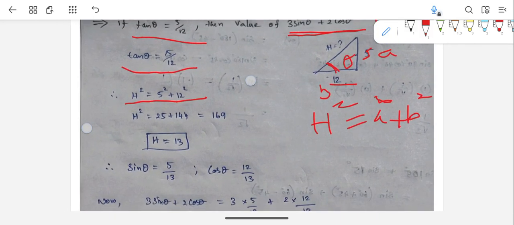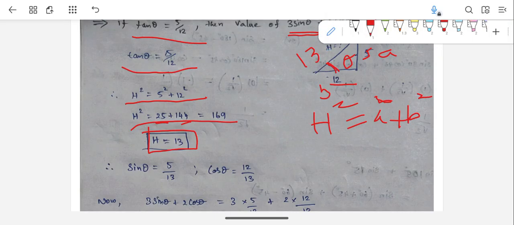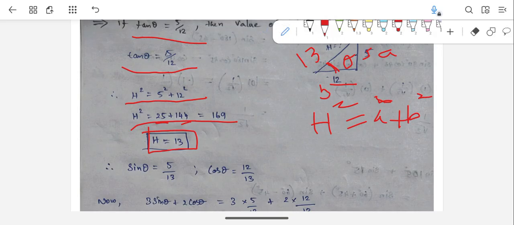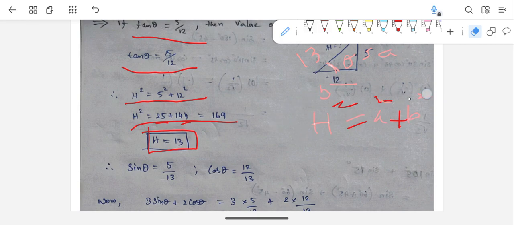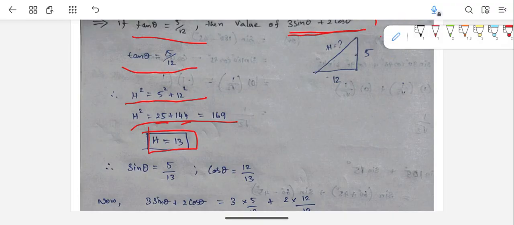When you solve, 5 square is 25, 12 square is 144, and adding them, you get h square equal to 169, so h is 13. Now you have adjacent, opposite and hypotenuse, everything, so you can easily find sine and cos theta, and the value of that expression.